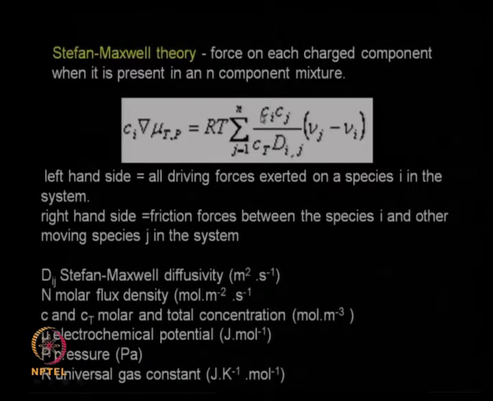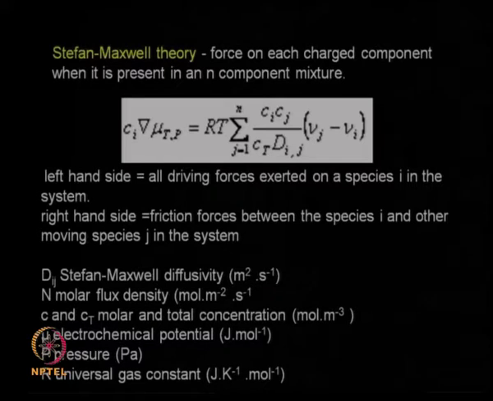Now you have the concentration, Ct is your total concentration, P is the pressure, R is your universal gas constant, T is your temperature and so on. So this tells you what is the force that a particle of certain charge experiences in the presence of many particles, that is n particles.